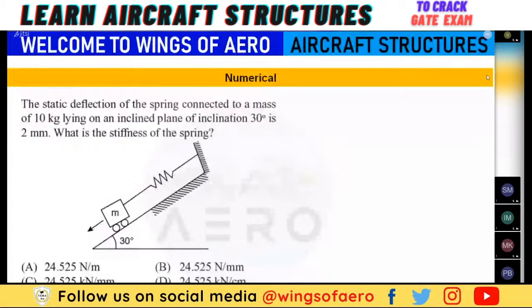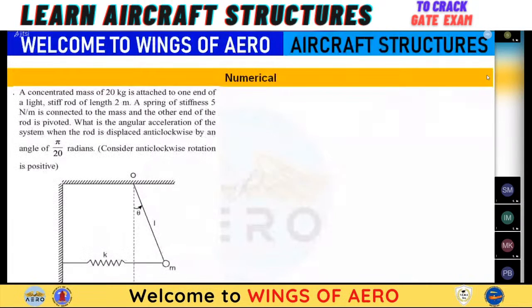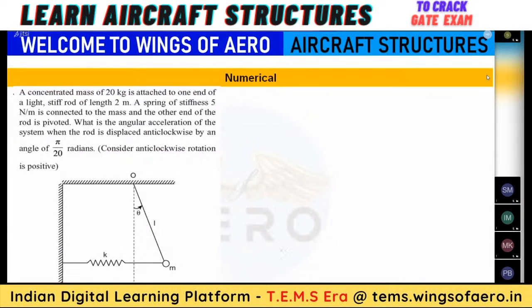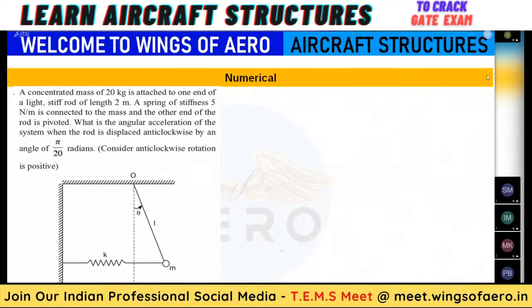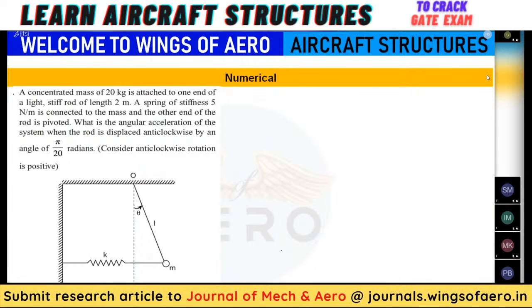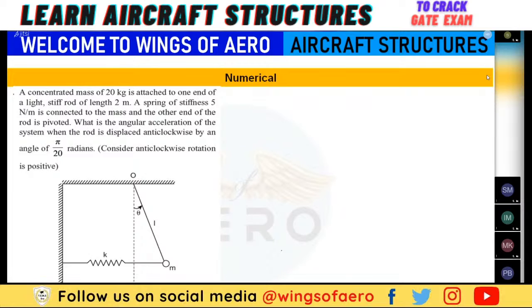Now we will come to this kind of problem. This is also another very important type of problem. First look into this figure. They have given some of the parameters: the angle, the length, and the mass that is acting.